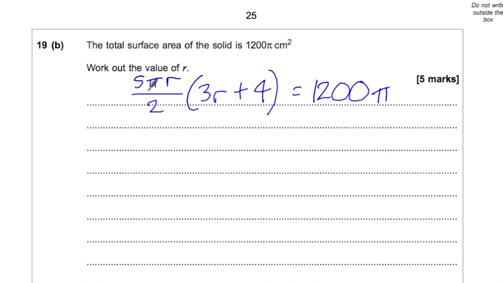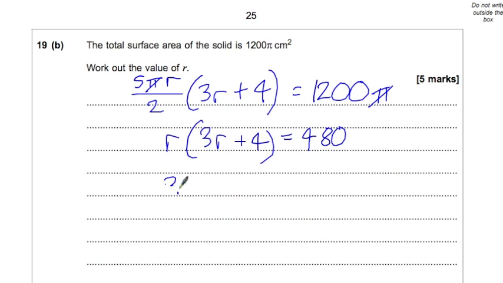First of all, we can straight away cancel out these pi's. Then we can multiply by 2 and divide by 5, or think of it as dividing by 5 over 2. So I'm going to do 1200 divided by 2.5, and that gives me 480. That looks a bit friendlier now.